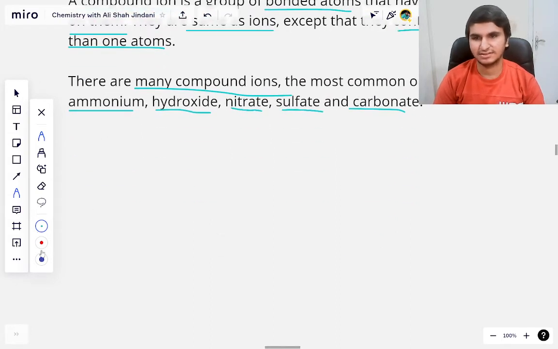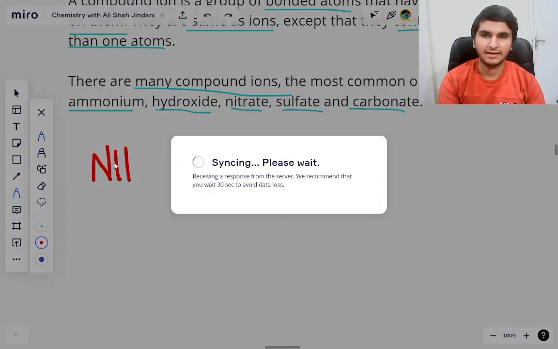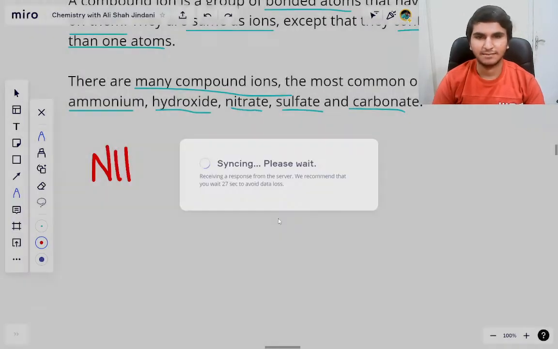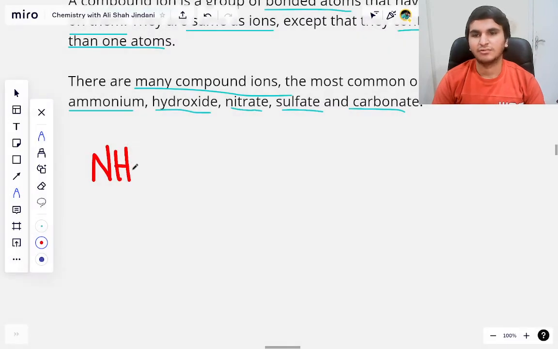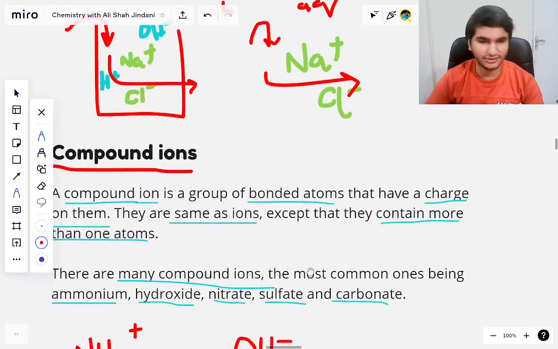Let me give you an example of ammonium. Ammonium has the formula NH4 and it has a positive charge. Now let us talk about hydroxide. Hydroxide has the formula OH negative, the one we discussed above in water.